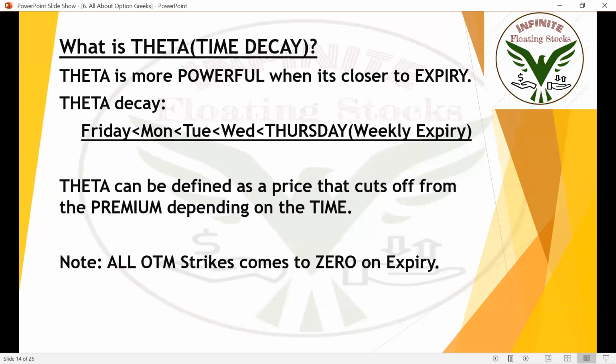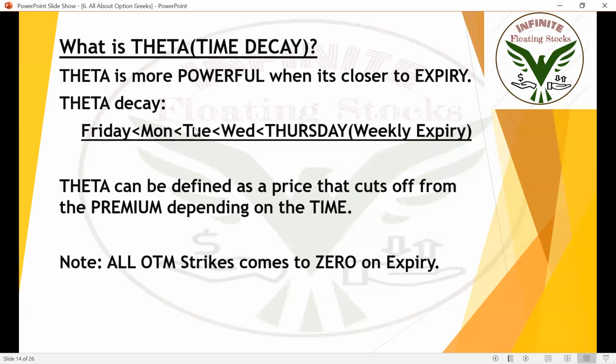All out of the money strikes come to zero on expiry day, on Thursday. And remember, time decay happens more when options are coming closer to expiry. On Thursday, there will be massive time decay. The theta will be more powerful on Thursday. On Friday, there will be no time decay. On Monday there will be less.